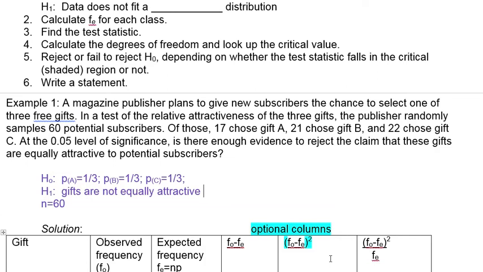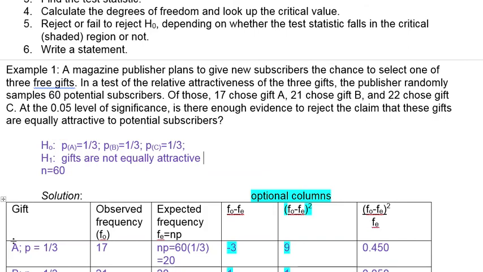So as you pause and try the calculations, you can make sure you're getting those numbers. I don't tend to show them after this first example because they really aren't required. And our last column is for the test statistic calculation. We're going to need the total of the differences between our observed and our expected, squared, divided by our expected.